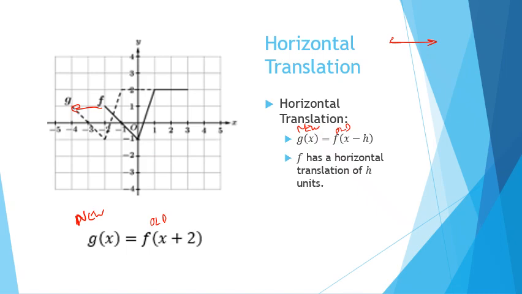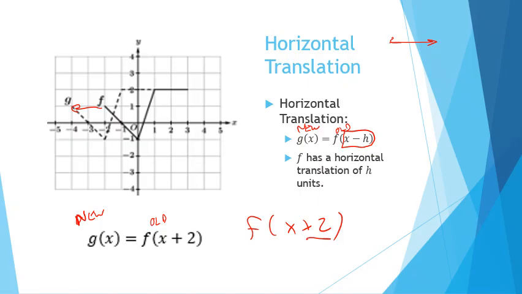Now, horizontal translations and horizontal transformations, while they affect the graph on the inside of the function, also affect the graph in the opposite way that it looks like it should. And what does that mean? That means if you have f of x plus 2, a lot of people would expect this plus 2 to move it 2 units to the right.